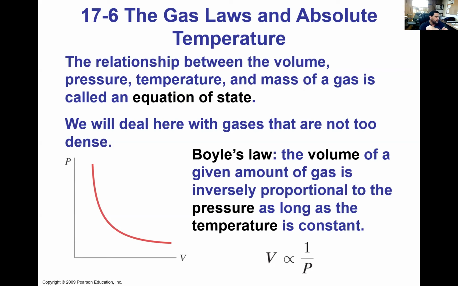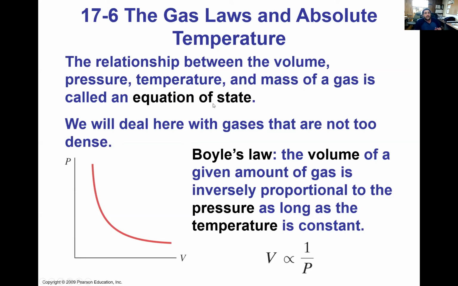So the relationship between volume, pressure, temperature, and mass of a gas is called its equation of state. Okay, we'll deal with gases, and gases aren't usually very dense. So you have Boyle's law, which states that the volume of a given amount of gas is inversely proportional to the pressure as long as temperature is constant.